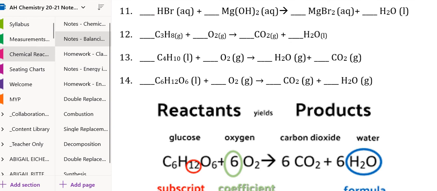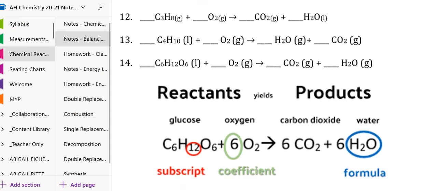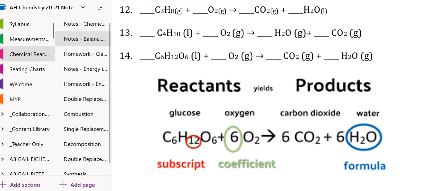So when you're balancing combustion reactions, like example 12, save oxygen for last. Because when you balance the carbons, you'll change the oxygens in carbon dioxide. And when you balance the hydrogens, you'll change the oxygens in water. So if you balance carbon and hydrogen first, then you can balance the oxygens.